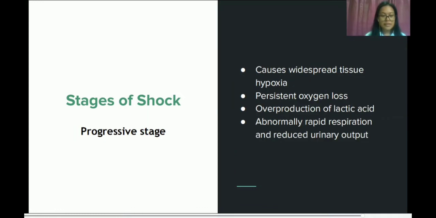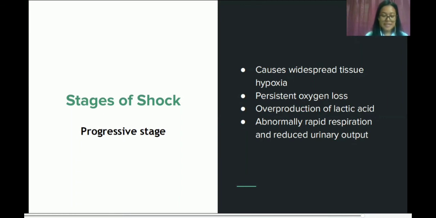So the second stage is the progressive stage. If the underlying causes get worse, the shock goes into the progressive phase, and there will be a widespread tissue hypoxia, the condition where there is not enough oxygen for the tissue.